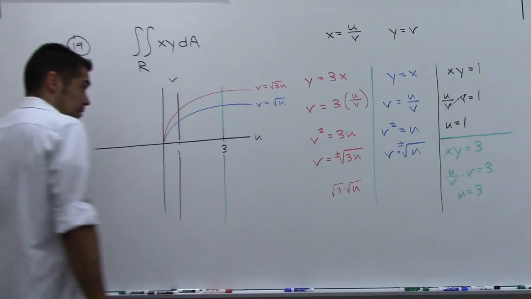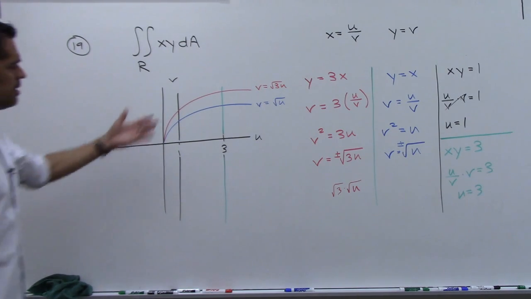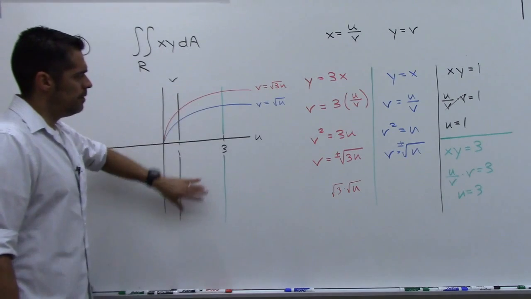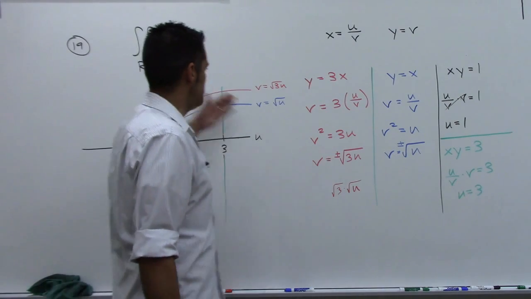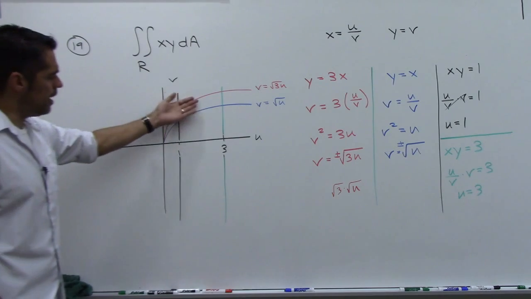So the question, I guess, becomes which do we take, the positive or the negative, right? Because I took both the positives for this. Well, you can see that the reflection of this, right?